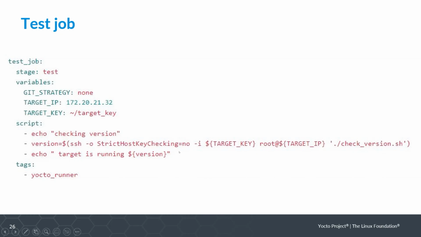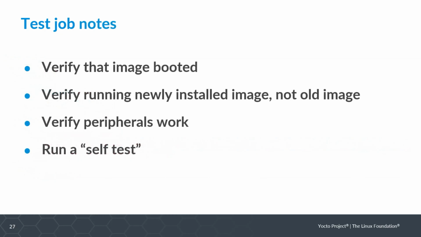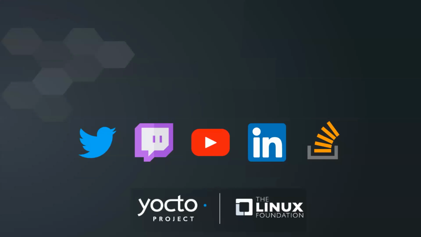So I would, in the script, verify that that's the version I'm expecting. This is my last slide, I believe. You would just verify that we booted, that we're running the new image, not the old one. And then on an embedded device, you may want to verify that all your peripherals are working or whatever your normal self-test would be.